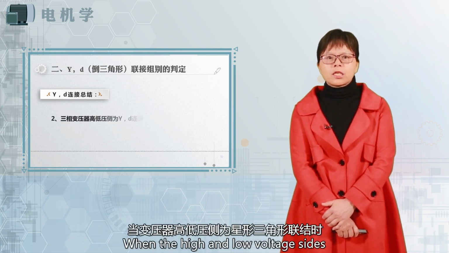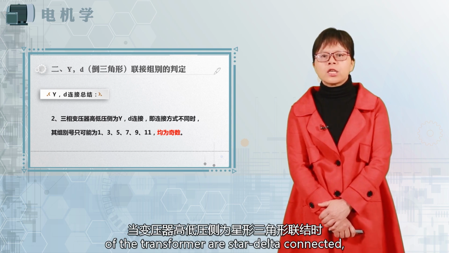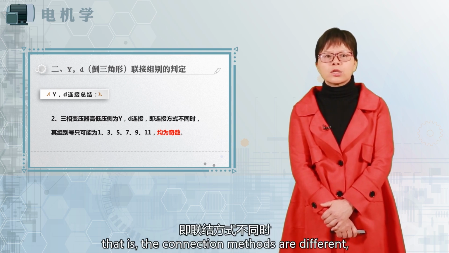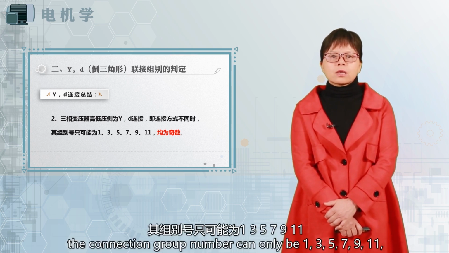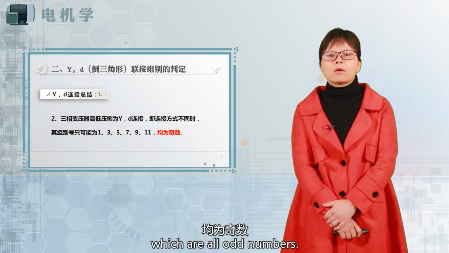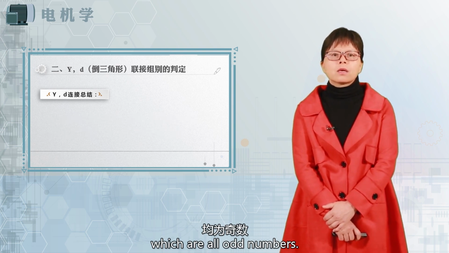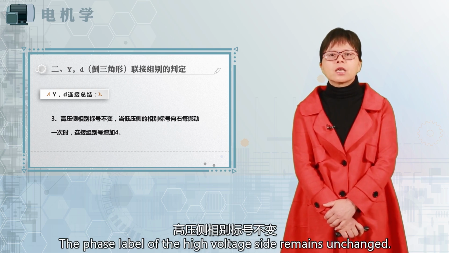When the high and low voltage sides of the transformer are star delta connected, that is, the connection methods are different, the connection group number can only be 1, 3, 5, 7, 9, 11, which are all odd numbers. The phase level of the high voltage side remains unchanged.